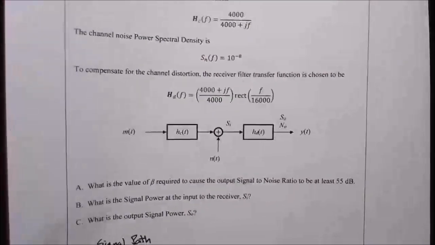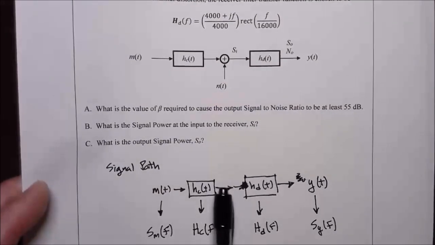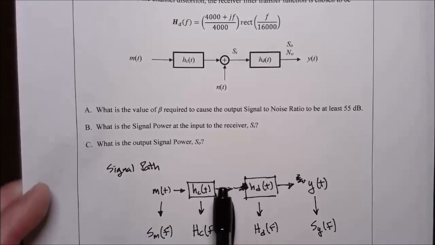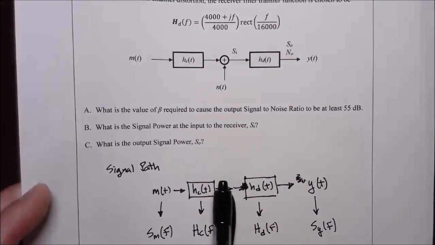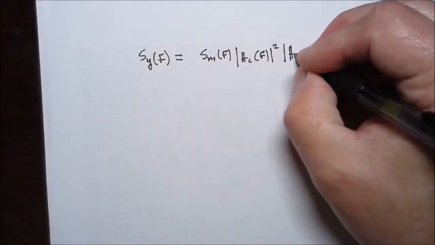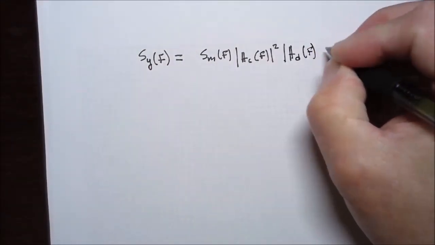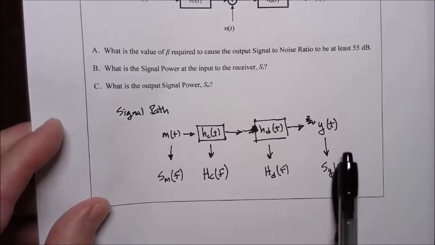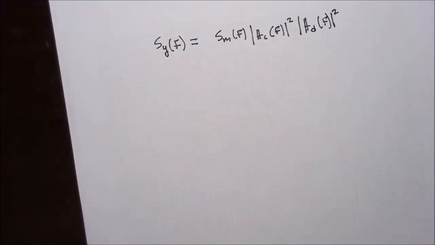Okay, so that gives us the power spectral density input to the second one, and now the output will be this power spectral density times the second transfer function magnitude squared, and so this will give us the power spectral density of the output signal.